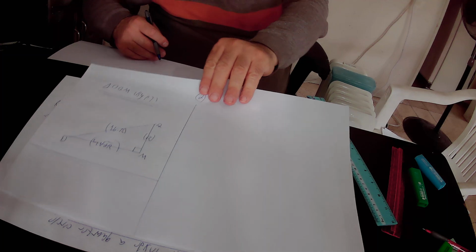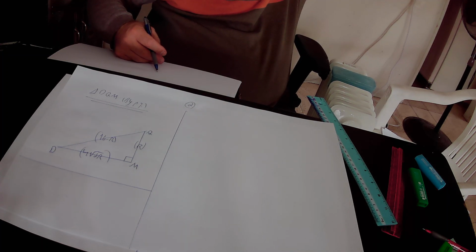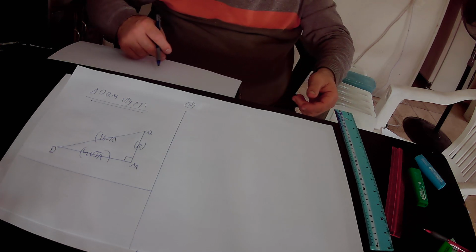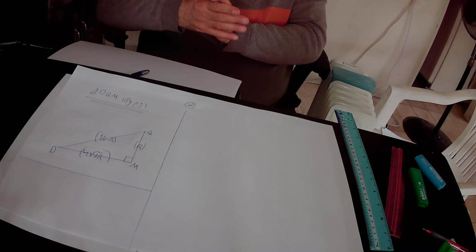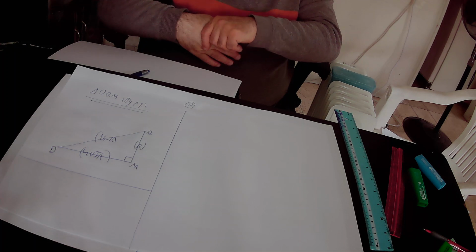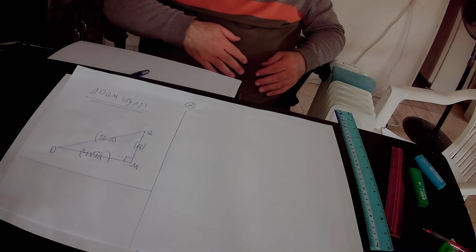This is the right blue triangle OQM that I copied from the original drawing, for the Pythagoras theorem. In this right triangle OQM, OQ square equals QM square plus OM square. Again, OQ square equals QM square plus OM square.